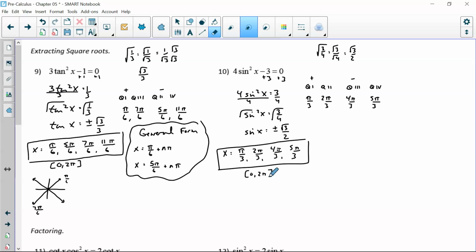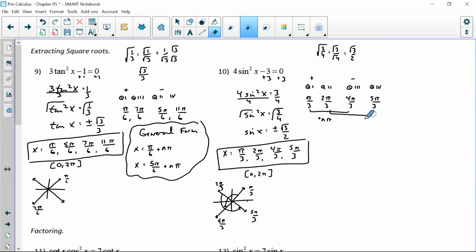Now, if we think about those graphically, pi over 3 is right here. 2 pi over 3 is here. 4 pi over 3 is down here. And then we're at 5 pi over 3. Now, pi over 3 and 4 pi over 3 are pi apart. And so are 2 pi over 3 and 5 pi over 3.